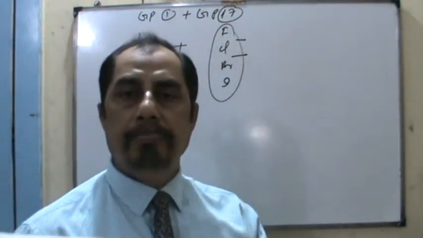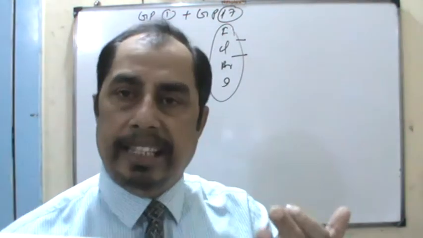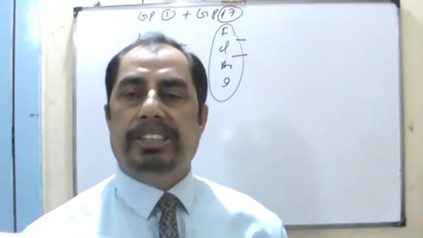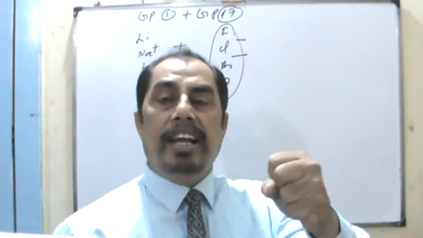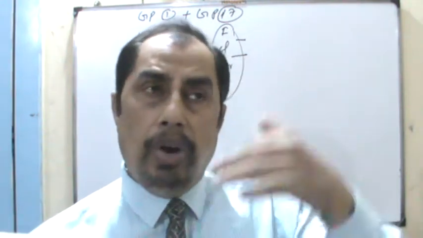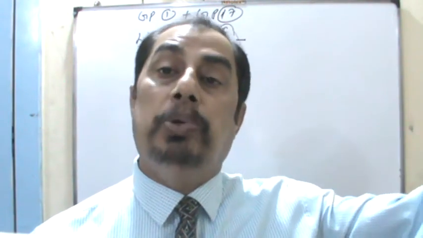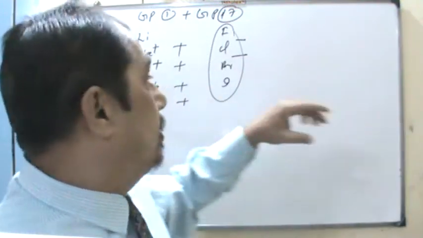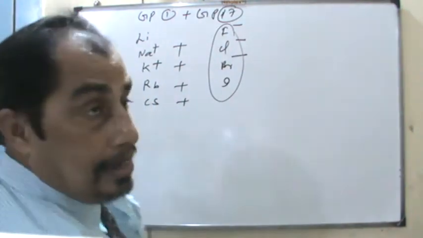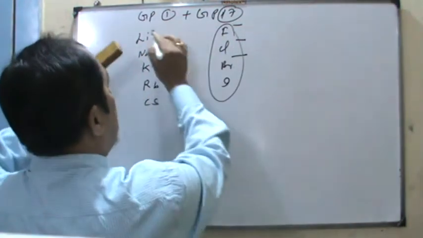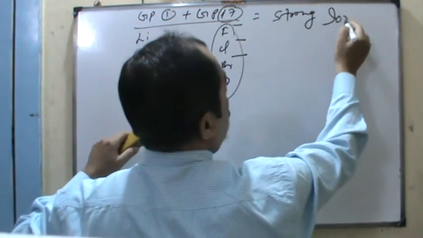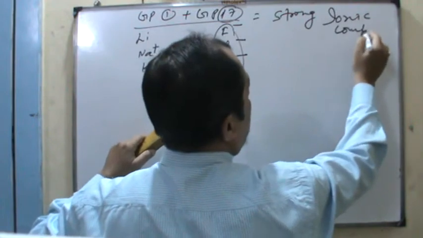That is why alkali metals, being the largest in size in their respective periods from LHS to RHS, have a very strong tendency to lose electrons because they possess minimum ionization energy. On the other hand, on the extreme right, halogens before the inert gas need only one electron to become halide, and they have a smaller atomic size. That's why they can form a very, very strong ionic compound.